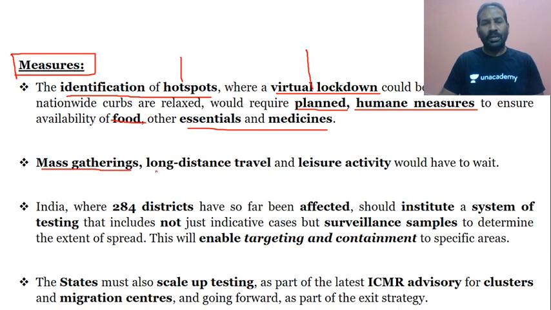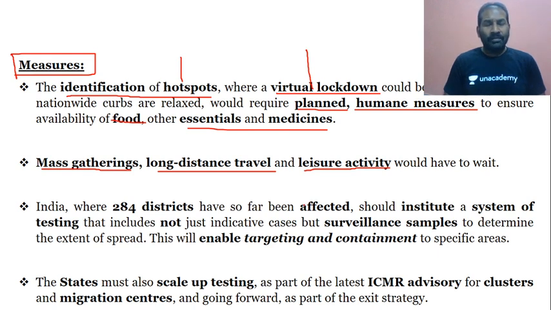We have to make sure that there are no mass gatherings, long distance travel, or any leisure activity, because once the lockdown is lifted, people may get into mass gatherings, the intention of social distancing is lost, and people move freely thinking that everything is fine.